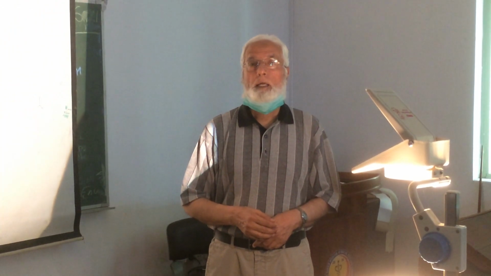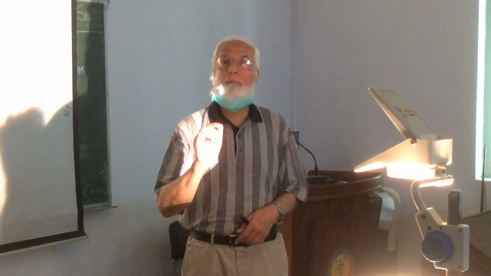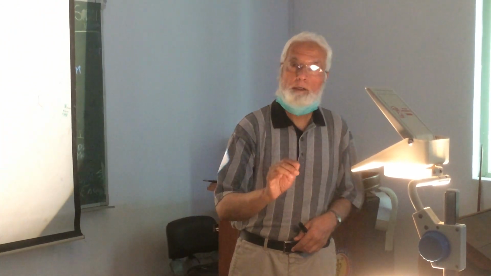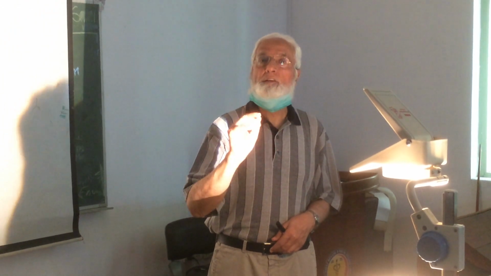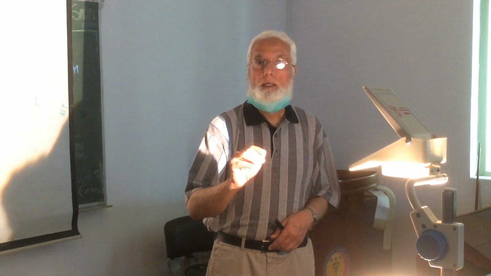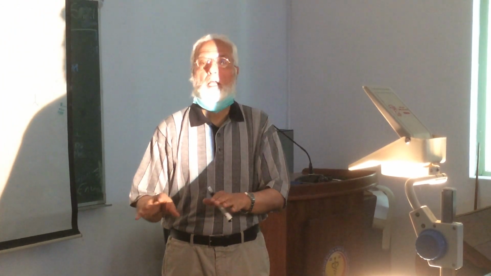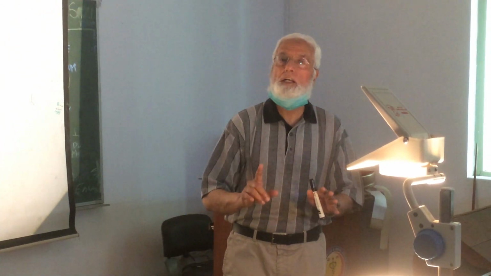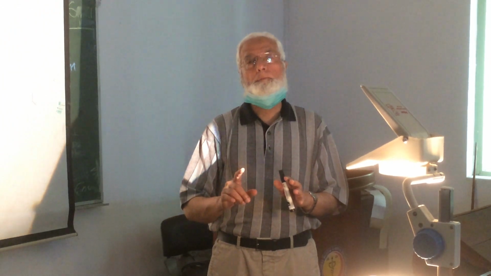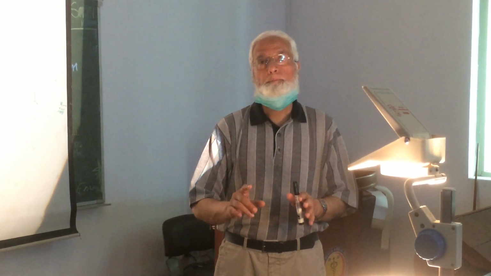In the liver and spleen, no pain receptors. Pain receptors are present in their capsule. So the capsule of the liver and spleen contains the pain receptors.